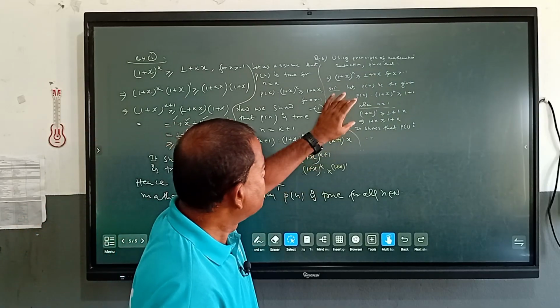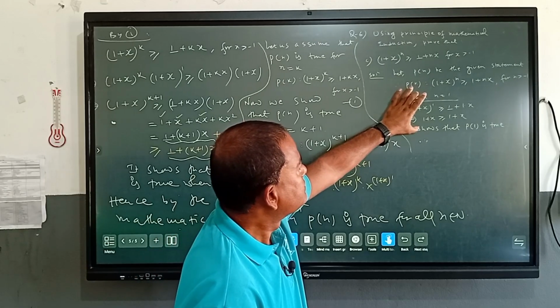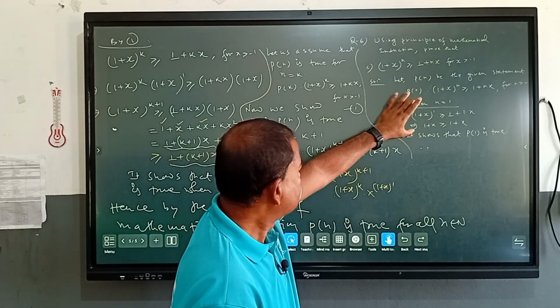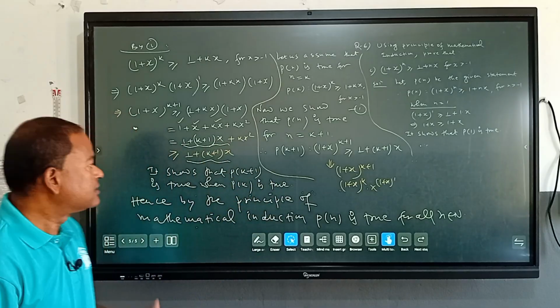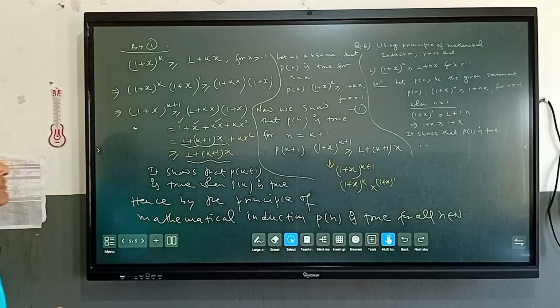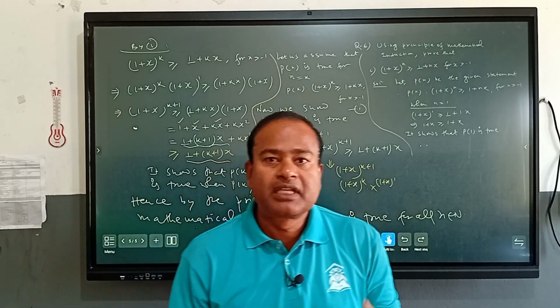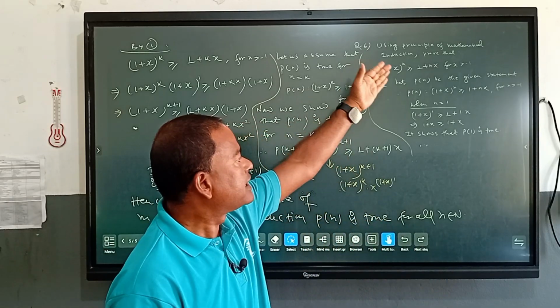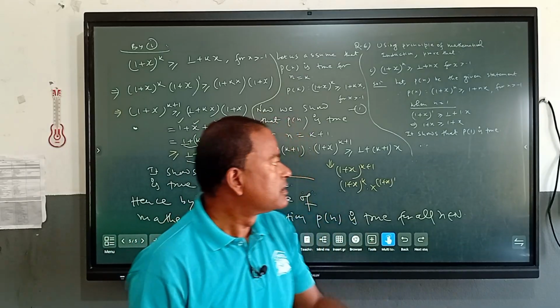So dear students, you can also take a screenshot of the solutions. Dear students, according to the principle of mathematical induction, at first we have shown that the given statement is true for n equals 1.